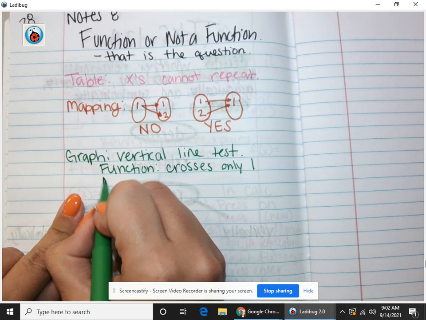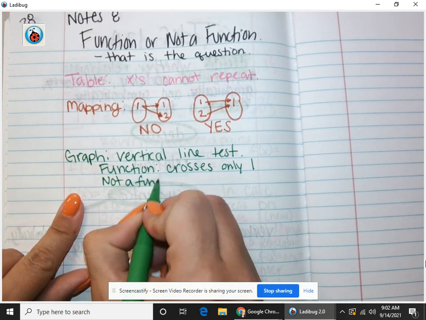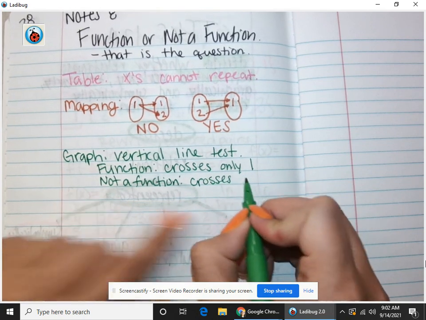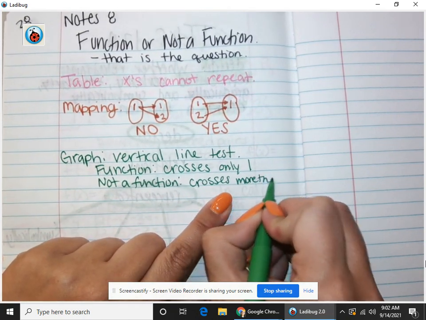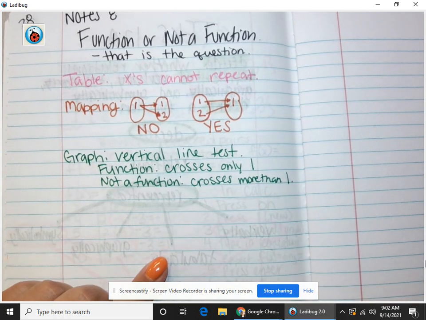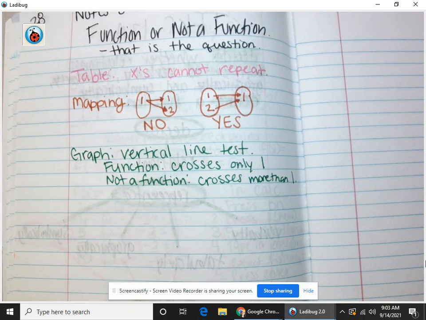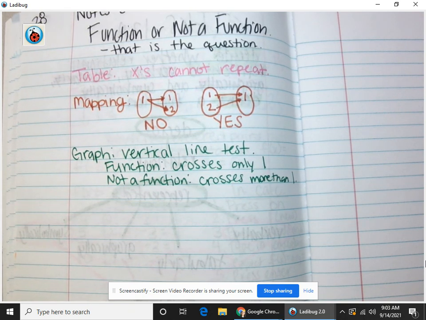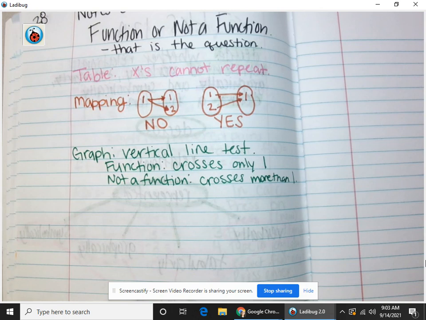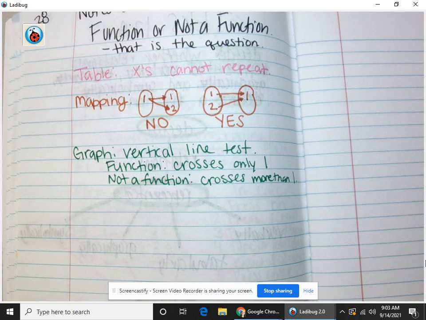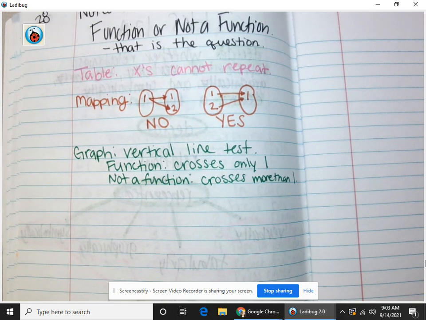It's not a function if it crosses more than one time. Okay, any questions on defining any of this so far?